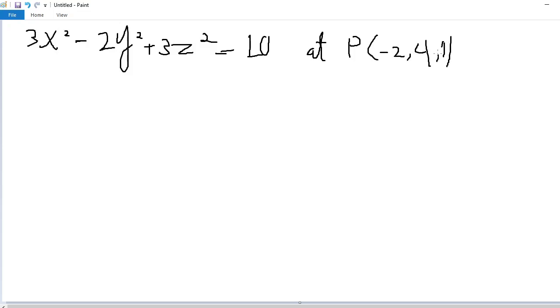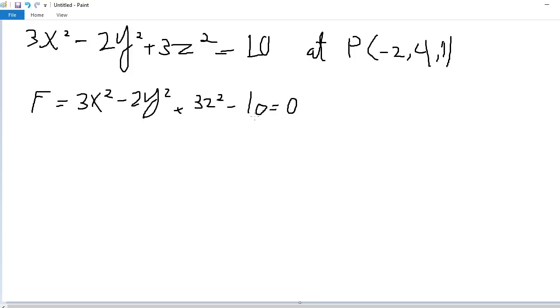Okay, so we do the same as the previous question we did. So first thing, we need to make this equation equal to 0. So we say f equals 3x squared negative 2y squared plus 3z squared negative 10, then equal to 0.